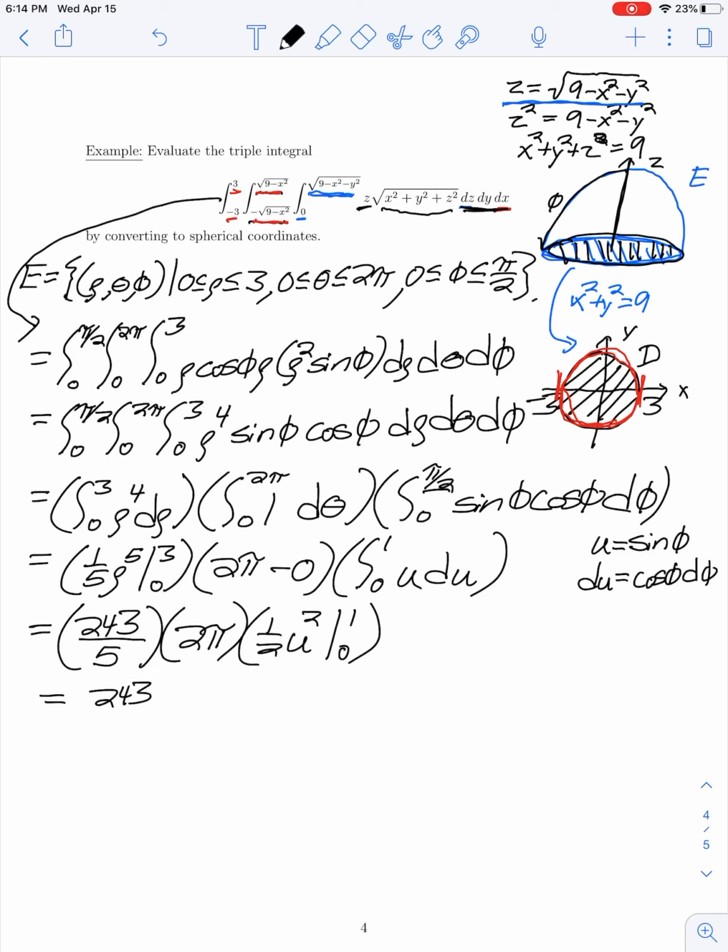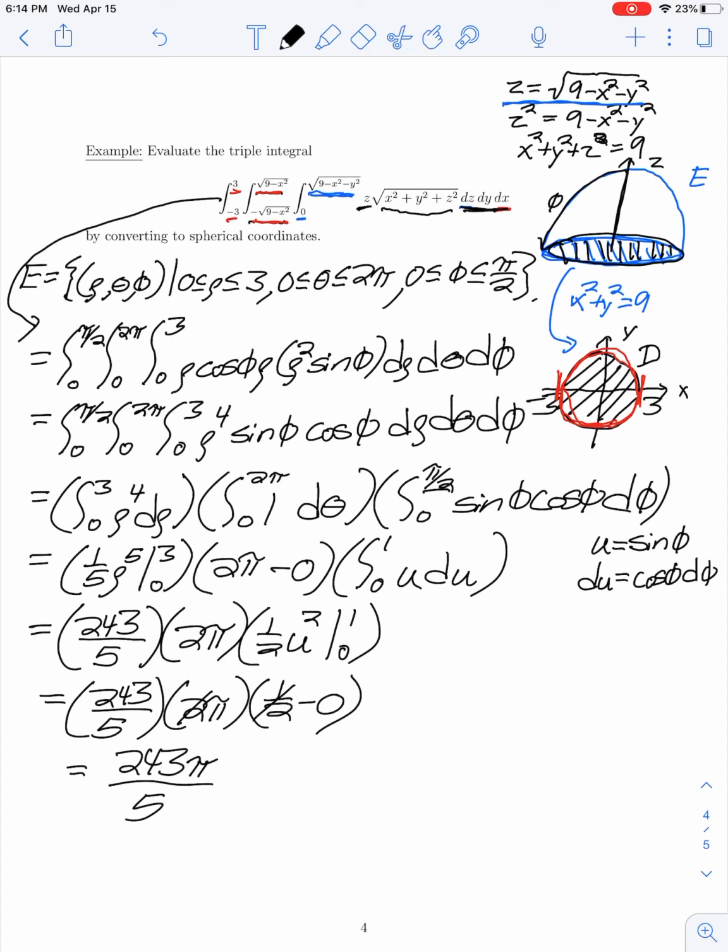We have our 243 over 5 times 2 pi times, plugging in 1 for u, we have 1/2, minus plugging in 0 gives us 0. So our 2 pi times 1/2 is just pi, times the 243 over 5. So 243 pi all over 5.